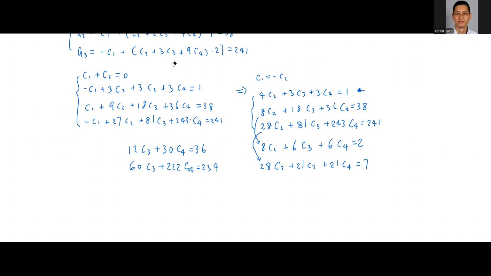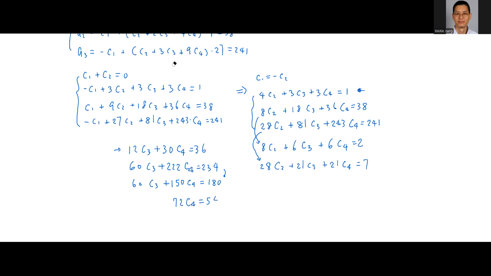All right, you can simplify something here, but I'm not in the mood, so I'm just going to multiply this equation by 5. I get 60C3 plus 150C4 equals 180, and then subtract and get rid of C3. I have 72C4 equals 54.